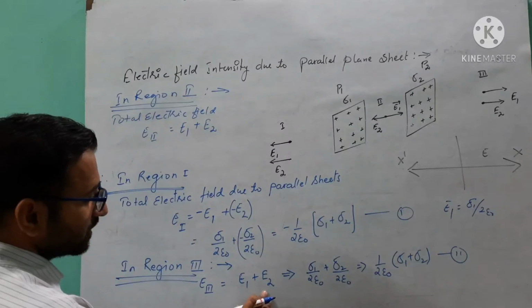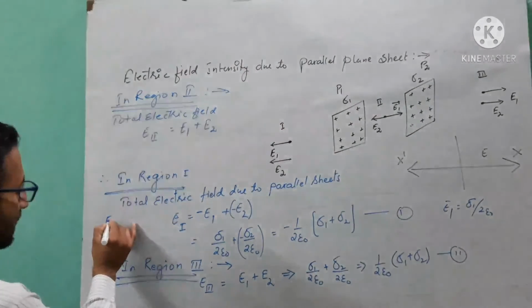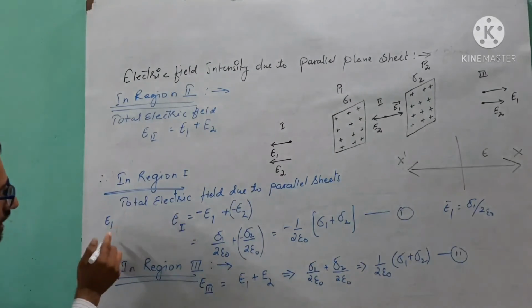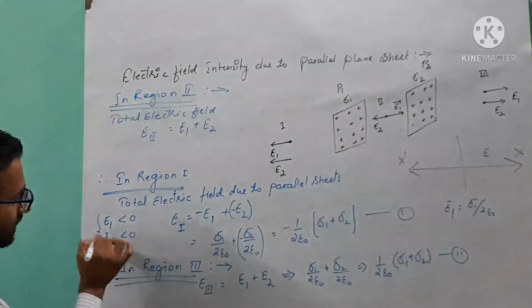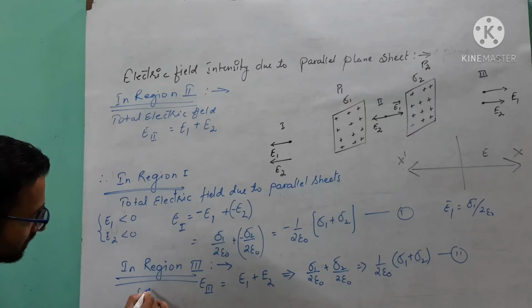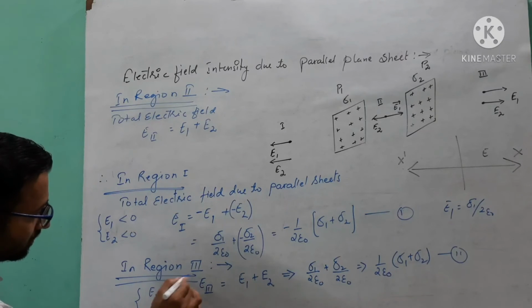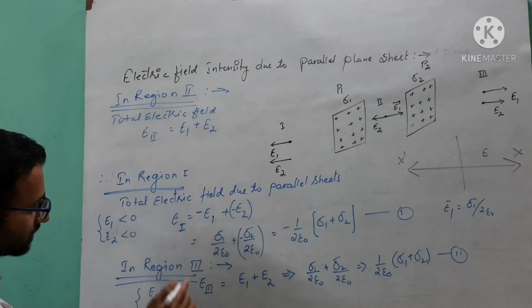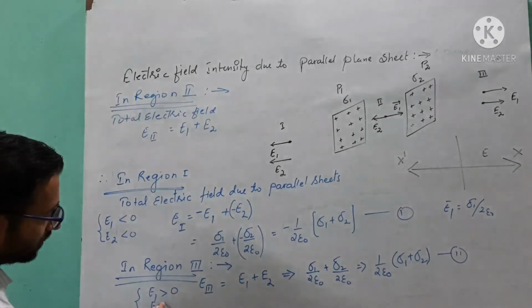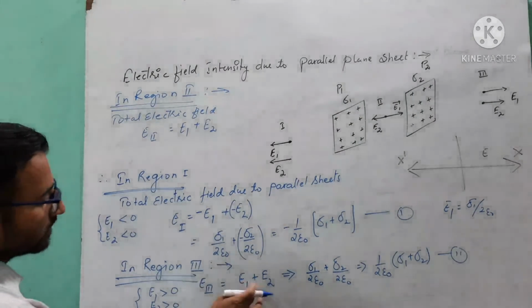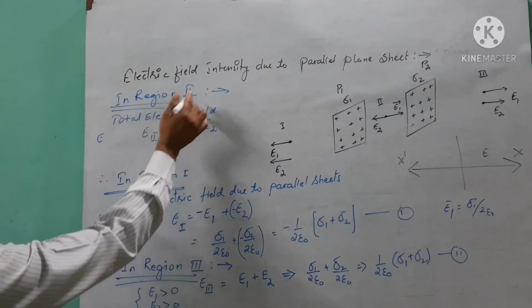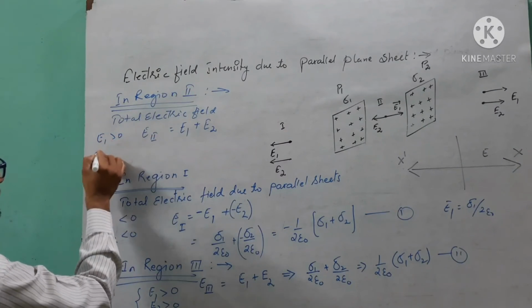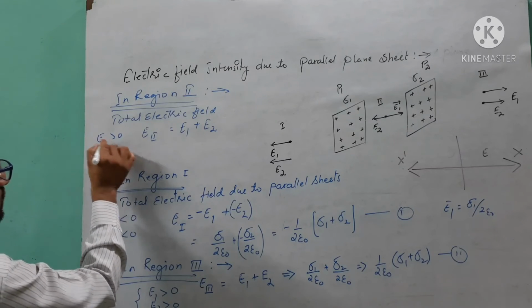And this side is positive, because you can see one thing. If you write E1 less than 0, E2 less than 0 in case third, and in case first, E1 greater than 0, E2 greater than 0, that's why they both are positive. And in region second, E1 greater than 0, E2 less than 0.